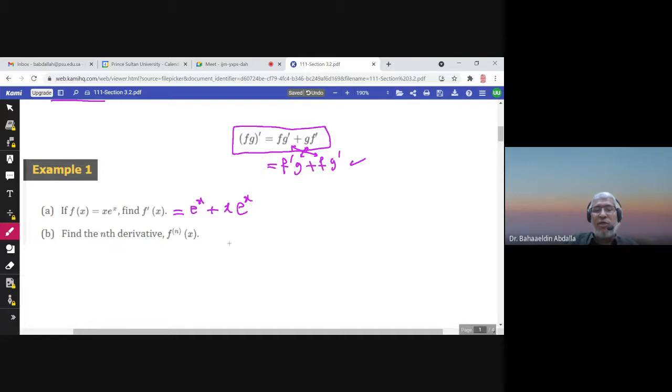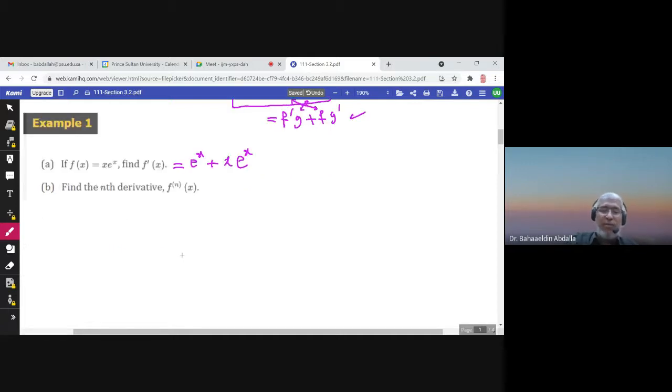So this is f prime. Now, if you take e to the x as a common factor, you will get e to the x times 1 plus x.